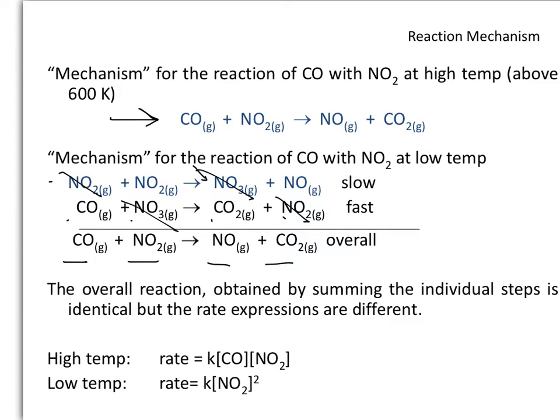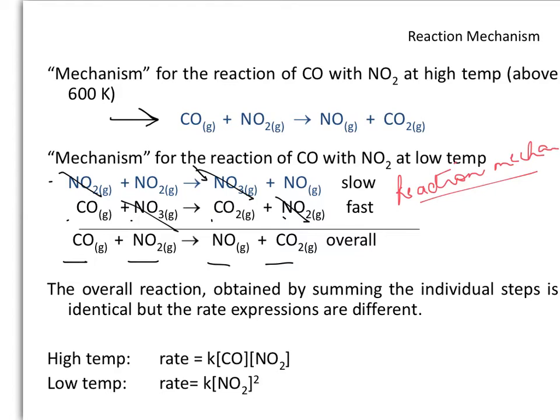So if you wanted to determine how exactly the reaction took place, you need to know what the reaction mechanism was. That's important. It's pertinent. So reaction mechanism is nothing but a series of individual chemical steps in which an overall chemical reaction takes place. And I gave you an example of this right here.